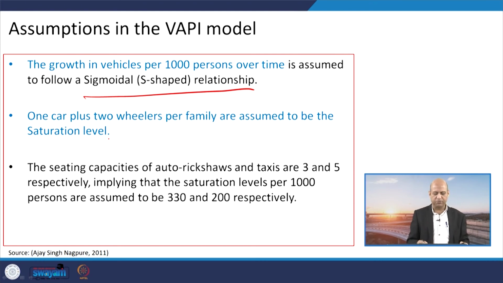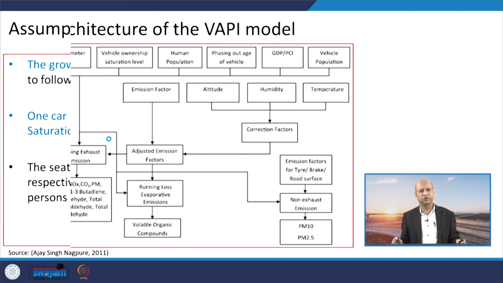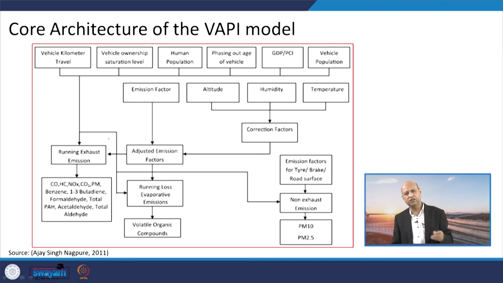Then the seating capacities also depend upon whether it is a three-wheeler or a car, etc. Accordingly, the number of persons using that vehicle has been calculated, so that passenger-related journeys can be estimated. This is the core fundamental architecture of the VAPI model: vehicle kilometer travelled, vehicle ownership, saturation level, and human population, because that will influence purchasing power.